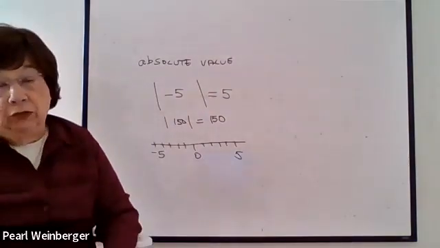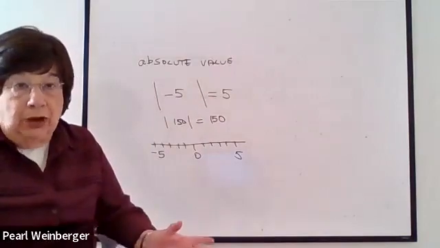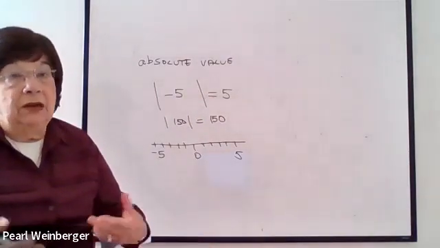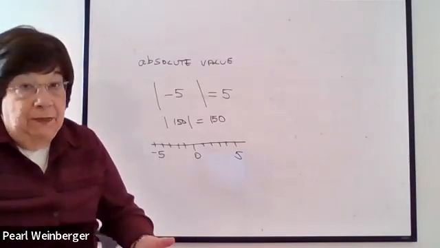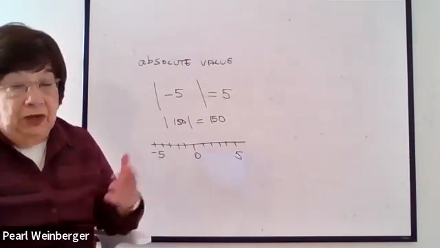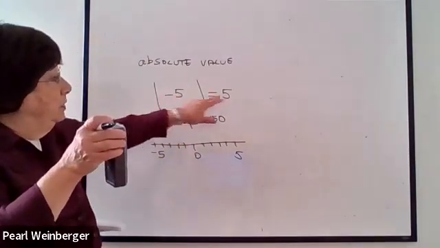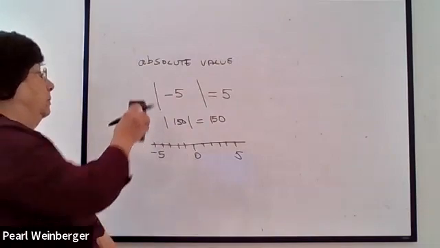If it has a negative sign, it'll become positive. If it has a positive sign, it'll stay positive. If it doesn't have any sign, that means it's positive. So the absolute value of a negative number is positive, and the absolute value of a positive number is also positive.